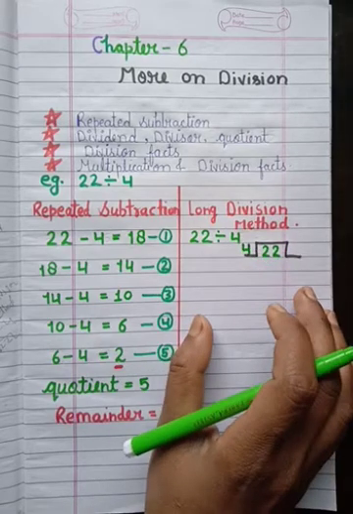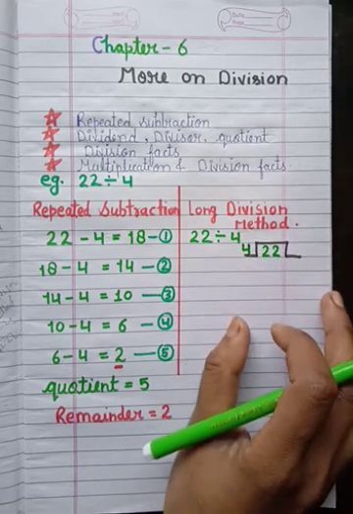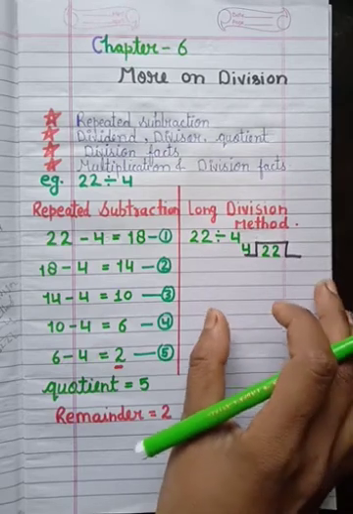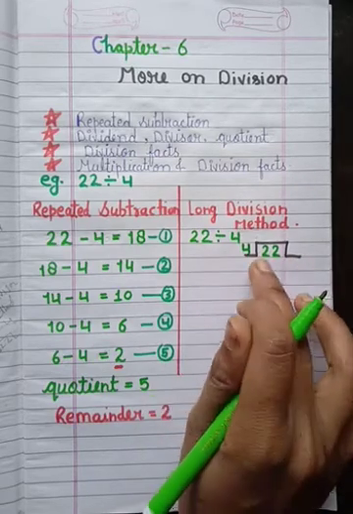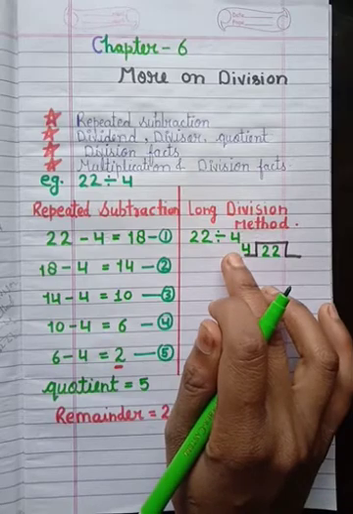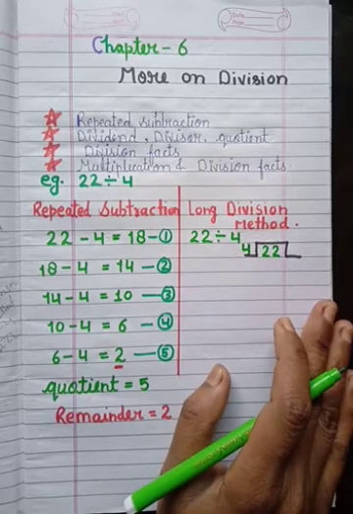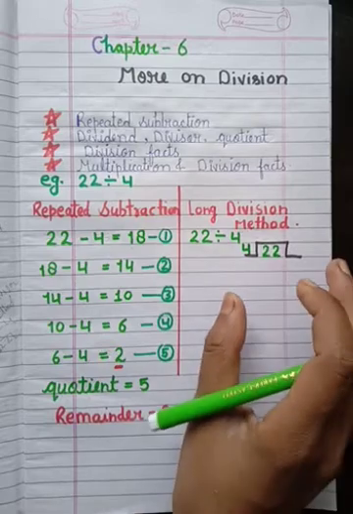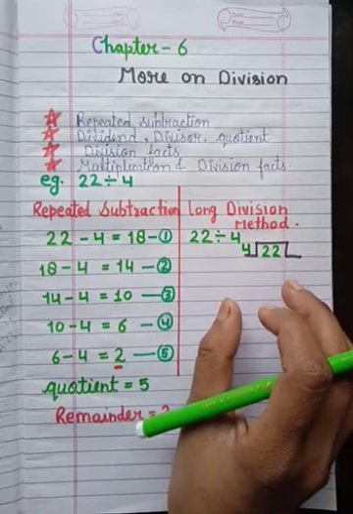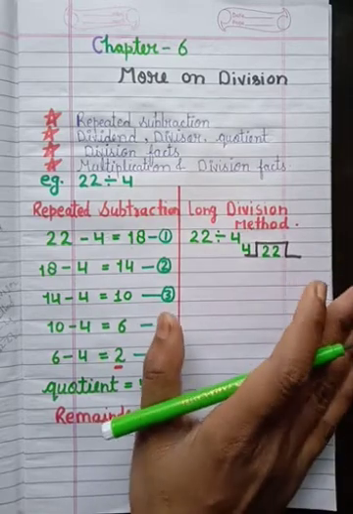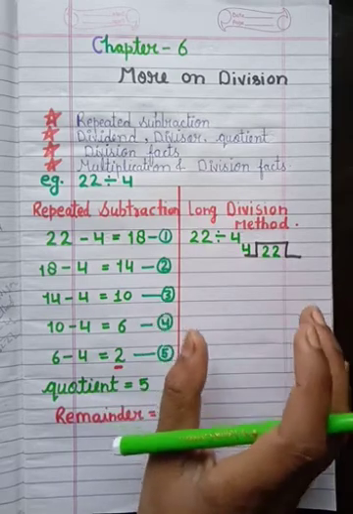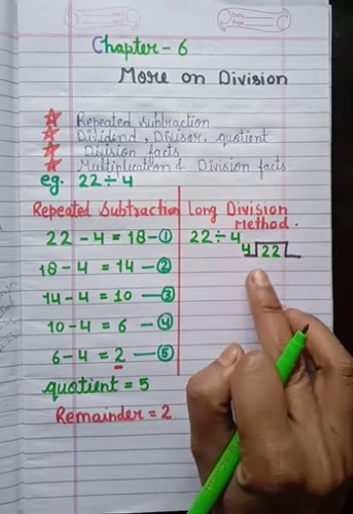Now let's solve it. We have to divide 22 by 4. Students, have you learned the table of 4? आपको 4 की टेबल लर्न है बेटा?